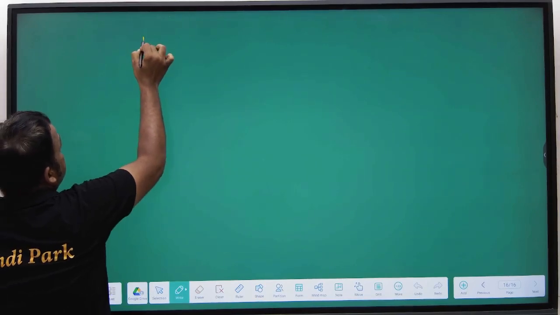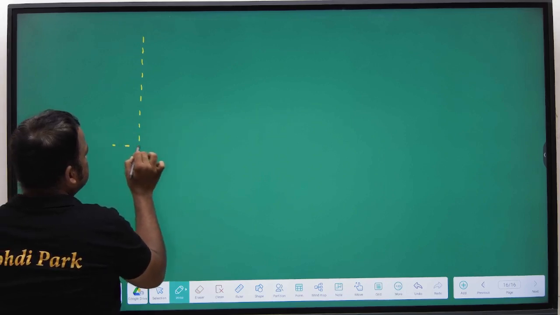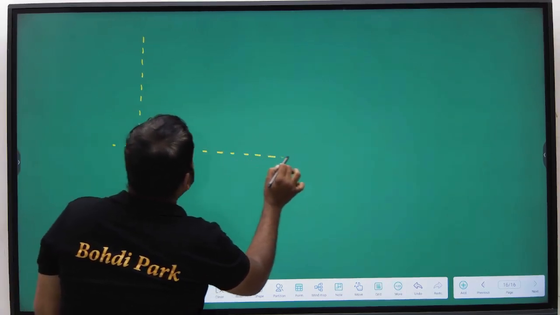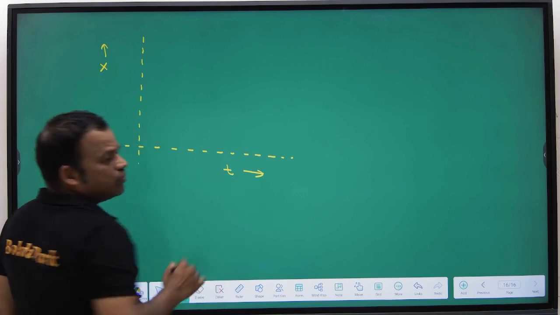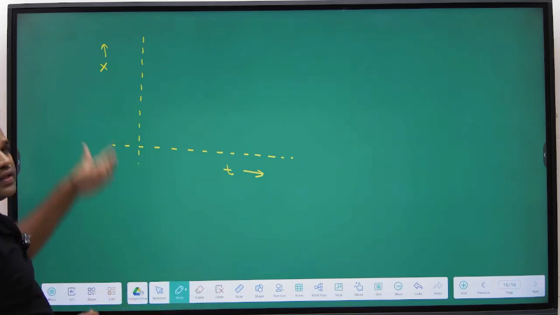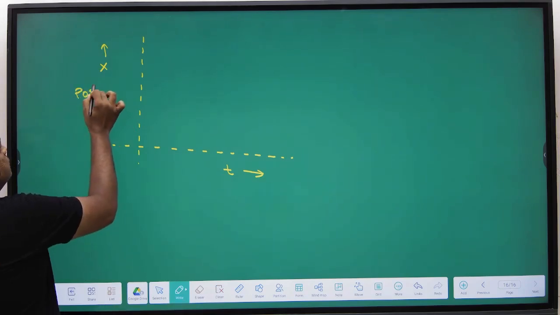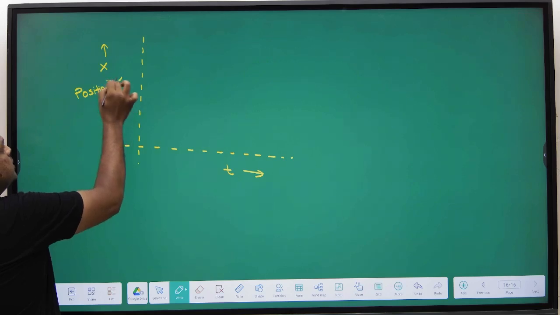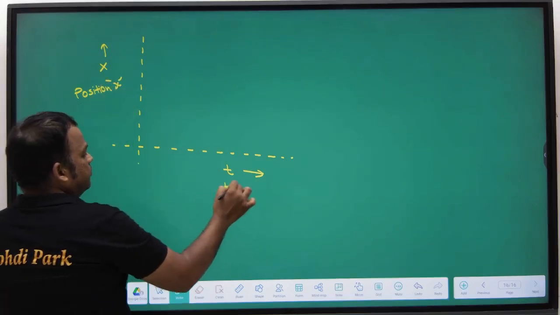Let's understand one situation using xt graph. Along y direction, that is vertical axis, we have plotted position x, along horizontal line we are plotting time.